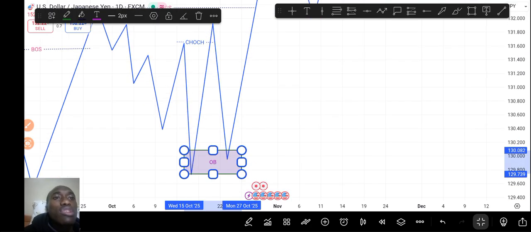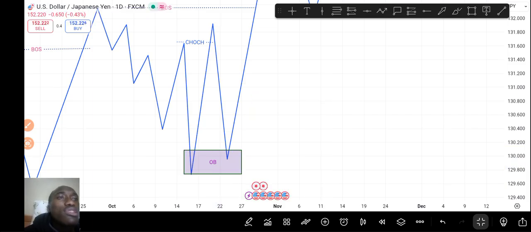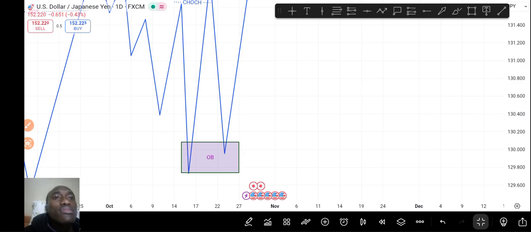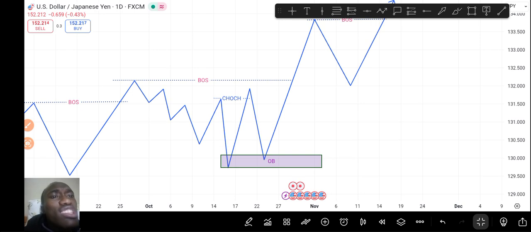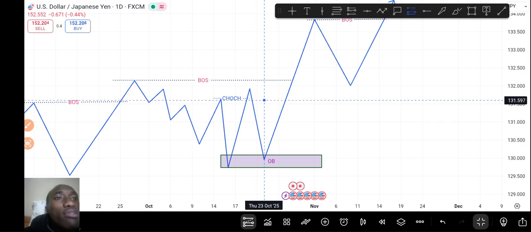Let me increase this one for better visibility. Now look at this. Since I know there is a change of character, I'll wait for the price to come to this order block, and then I take my buy from this point.